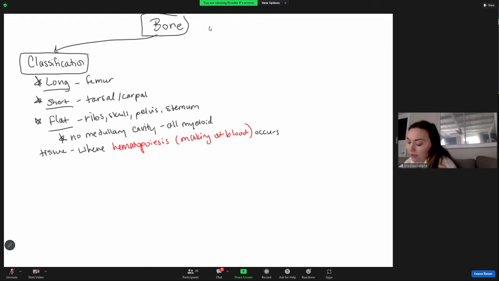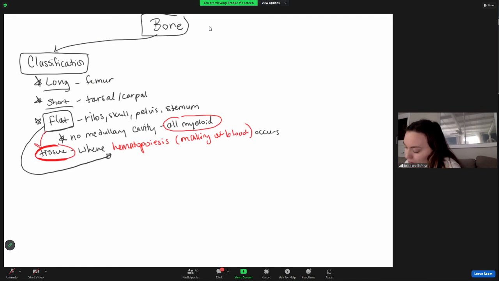So flat bones are the main site of hematopoiesis. In flat bones, the majority of hemopoiesis is happening because it's all myeloid tissue. Does this make sense? It's either hemopoiesis or hematopoiesis, both are the same thing.